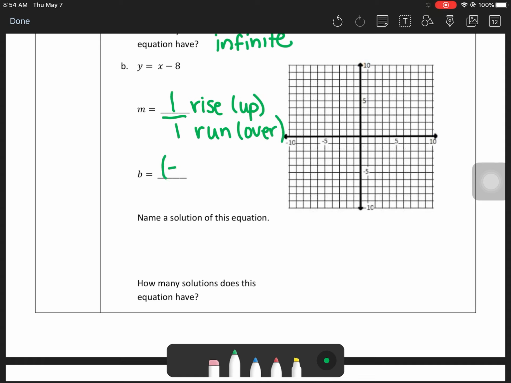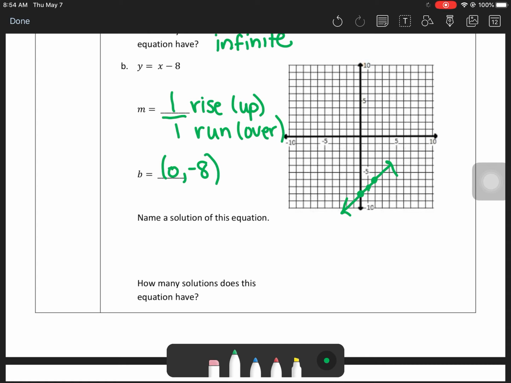Our y-intercept is at negative 8. So we're going to put a dot at negative 8 on the y-axis, and then we're going to do the slope from that point, which is up 1 box and over 1 box. Up 1 box and over 1 box. And we're going to connect them together.